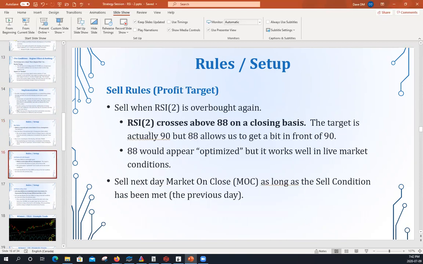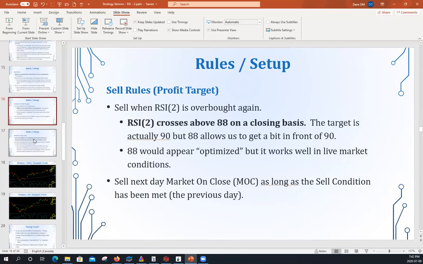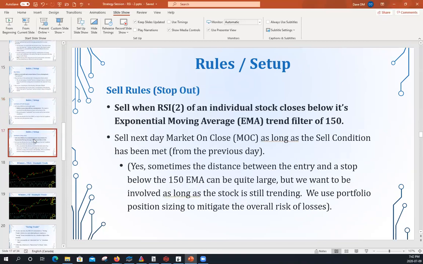We're going to target out when the RSI crosses above the 88 on a closing basis. Again, the target is actually 90, but we get a little bit in front of that. And then we're going to sell the next day market on close when that condition on the previous day has been met. We're going to stop out when the RSI-2 closes below its 150-day exponential moving average. That's the individual stock filter. So any individual stock we're trading, if it closes below its 150 EMA, it's a goner the next day.